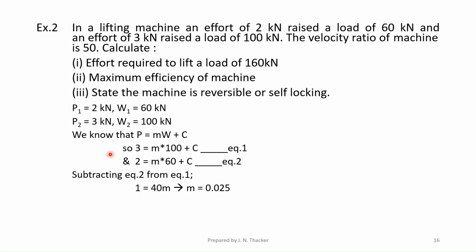Now subtracting equation 2 from equation 1, we get 3 minus 2, here 1. 100m minus 60m, here we get 40m, and c minus c gets cancelled out. So you get 1 is equal to 40m, that means m is equal to 0.025. We got the slope of the line, m is equal to 0.025.